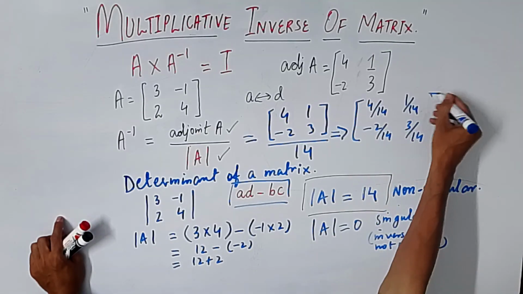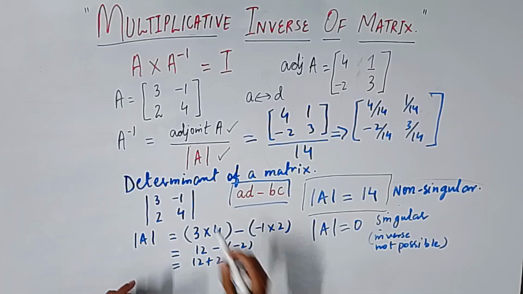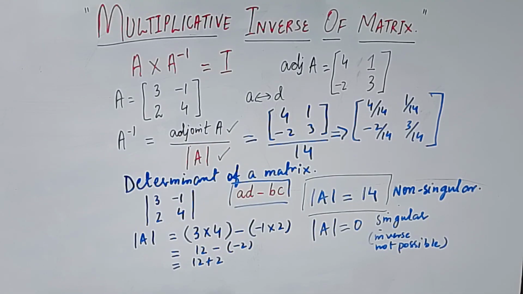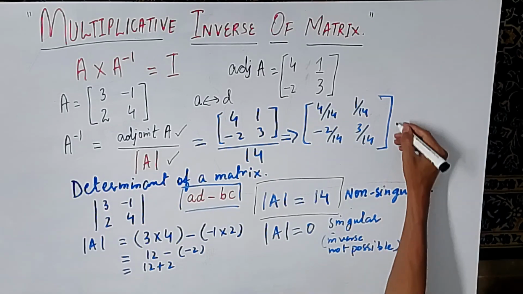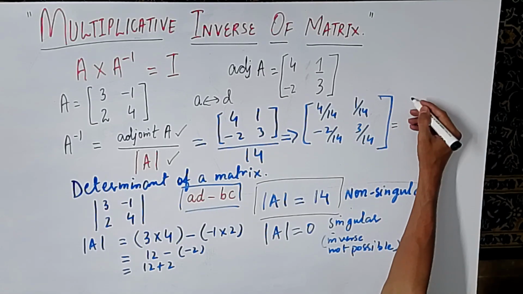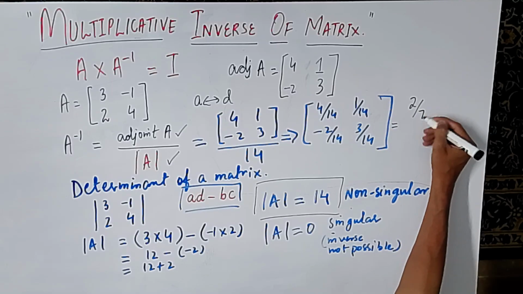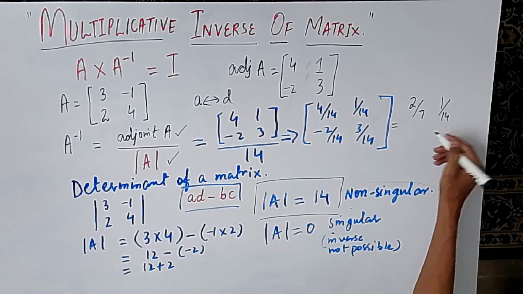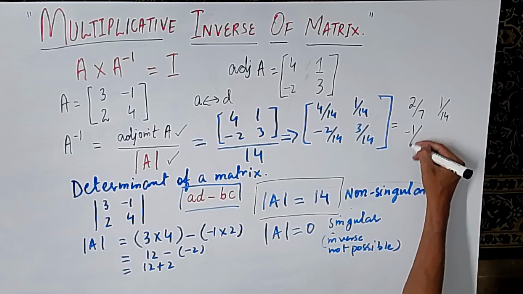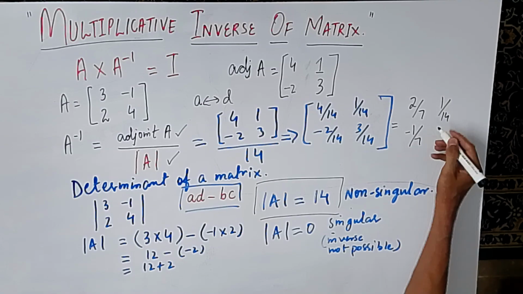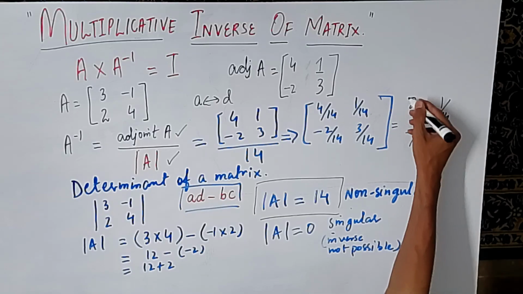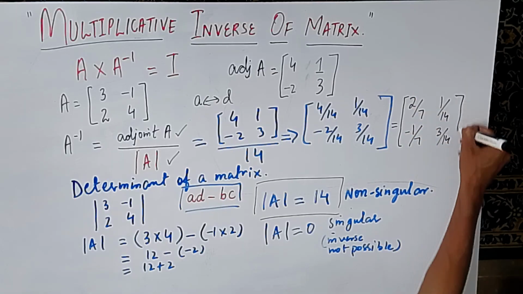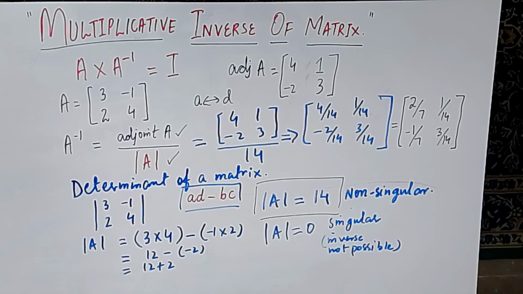So finally, the answer of inverse of this particular matrix is 4 upon 14 means 2 upon 7, it will remain as it is, and it will come minus 1 upon 7, and it will remain as it is 3 upon 14. So this is how you can find the inverse of a particular matrix.